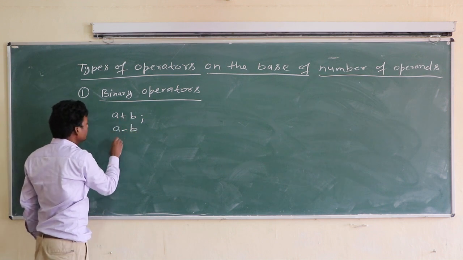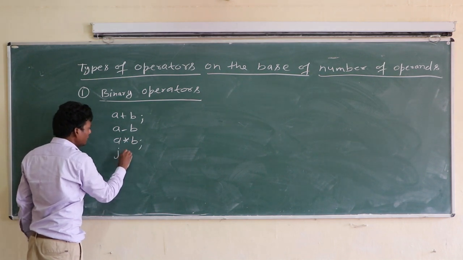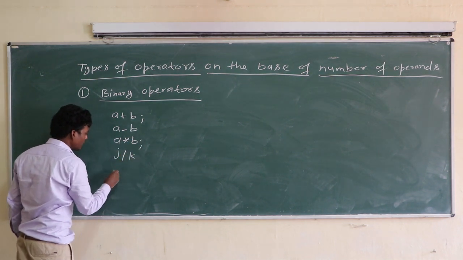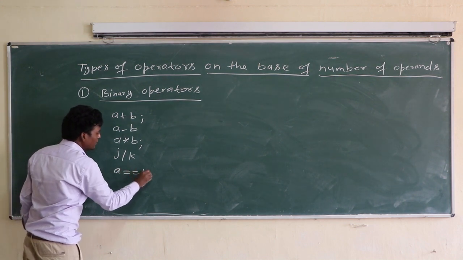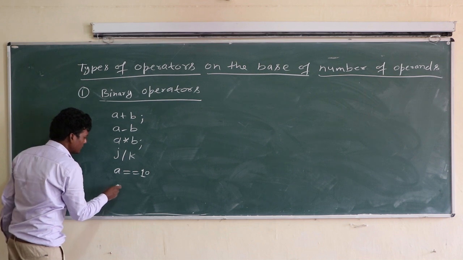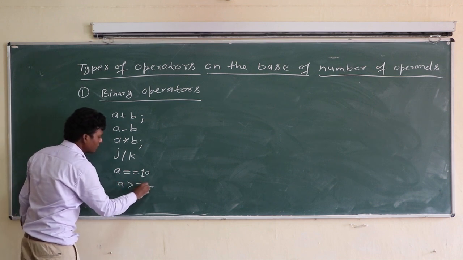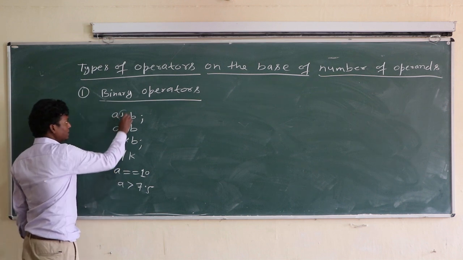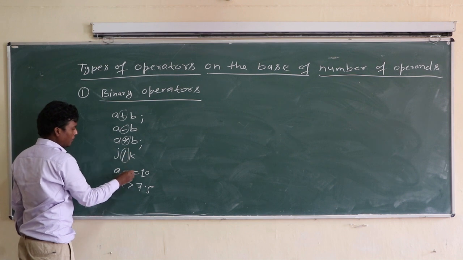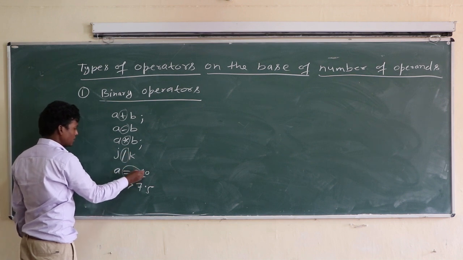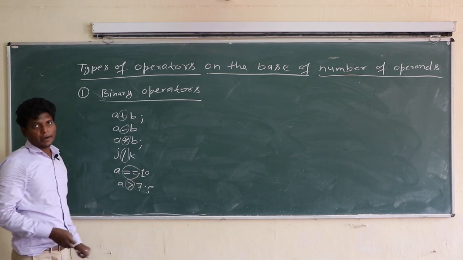A minus b, a into b, j divide k, a double equal to 10, a is greater than 7.5. All these operators are binary operators because they work with two operands.